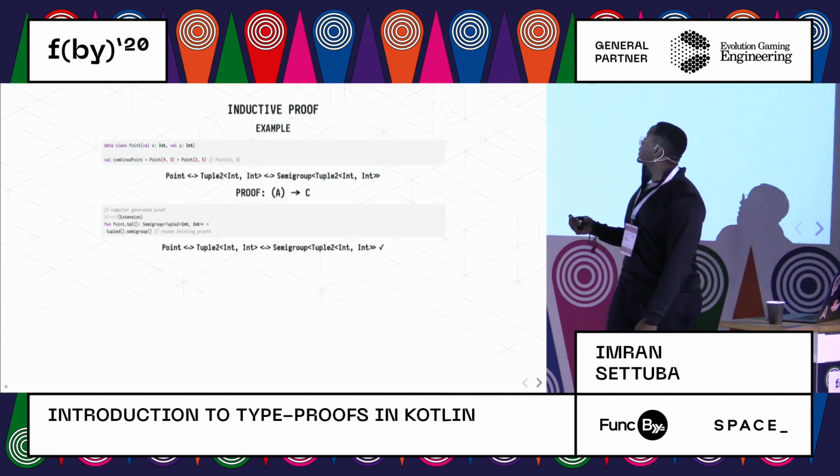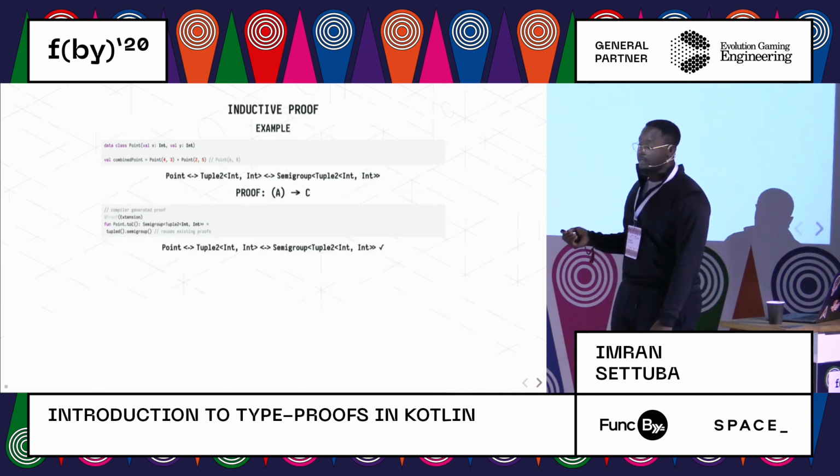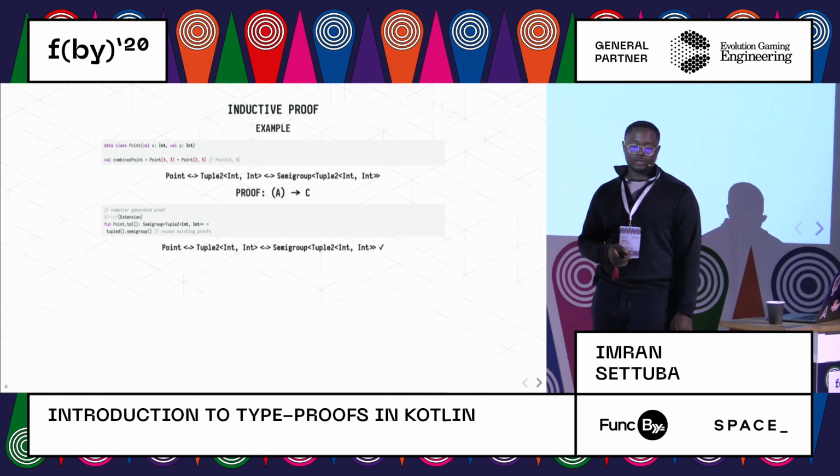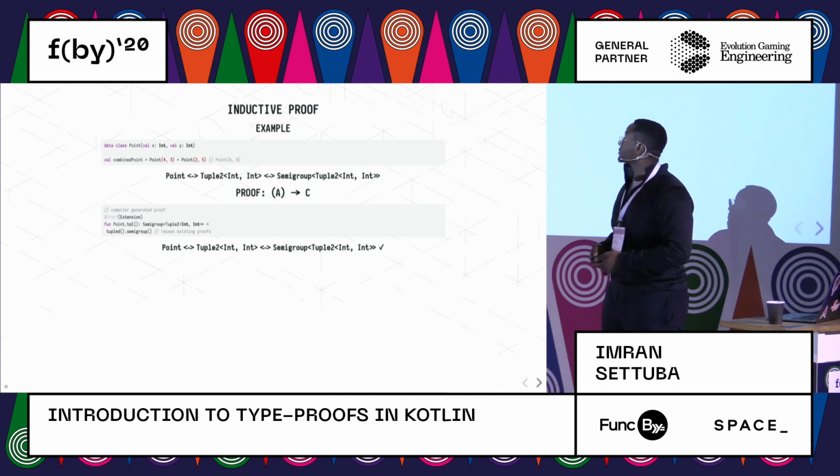Now this is where the proof ends with the compiler, because now the compiler will just reuse the existing proofs it finds for each type and ends up with the proof from A to C, and we accomplished understanding why this compiles and type checks.